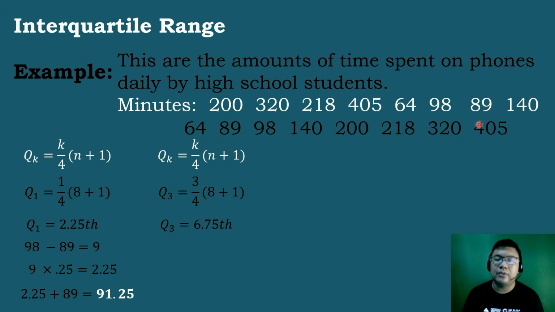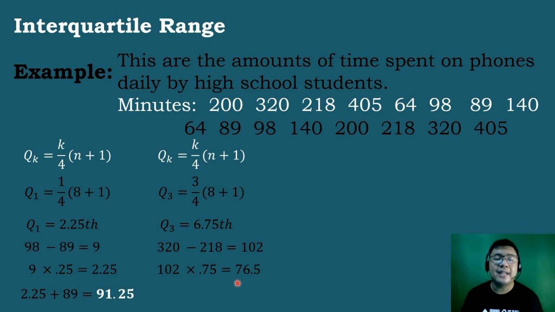So we will count the 6th and the 7th number: 1, 2, 3, 4, 5, 6, 7. This is the 6th number, and this one is the 7th number. We subtract these two numbers: 320 minus 218 is equal to 102. Then we multiply 102 by 0.75, and 102 times 0.75 is equal to 76.5.